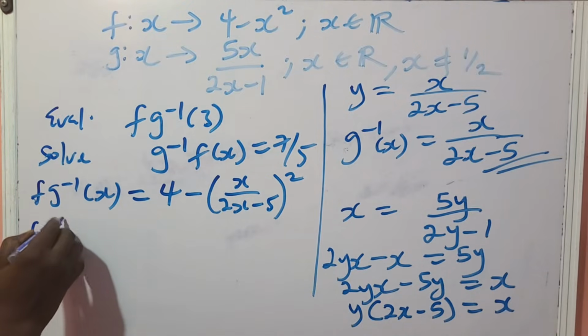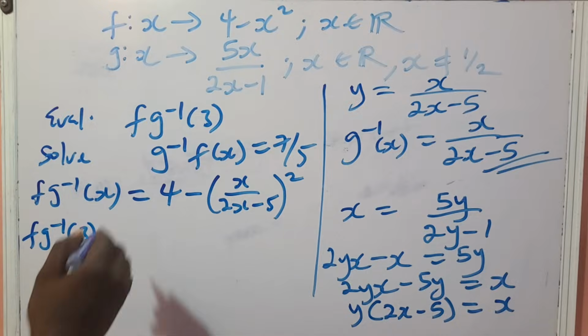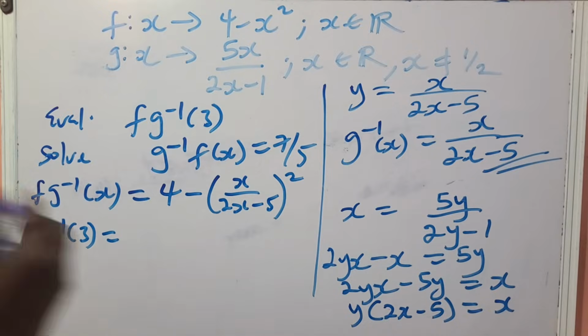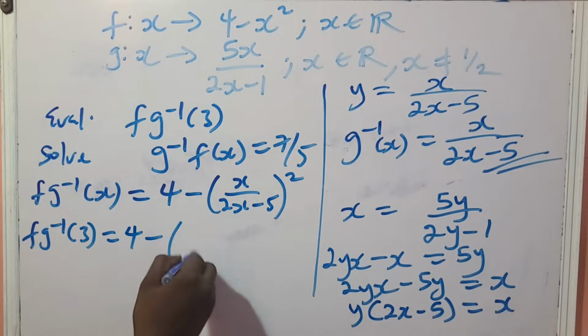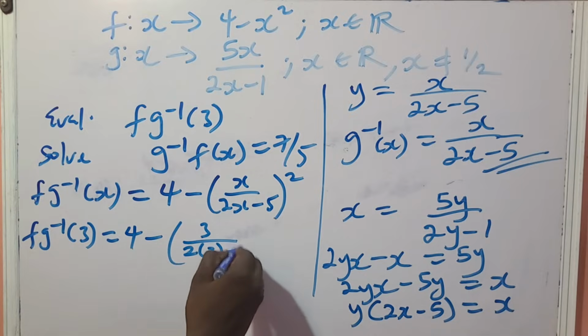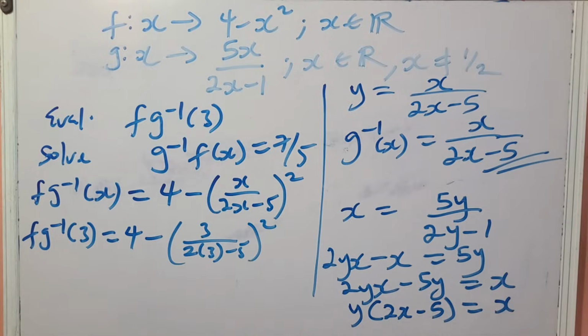So f of g inverse of 3 will be 4 minus 3 over 2 times 3 minus 5, all squared. This will be 4 minus 3 over 6 minus 5, that will be 1, all squared. So this will be 3 raised to power 2, that will be 9.